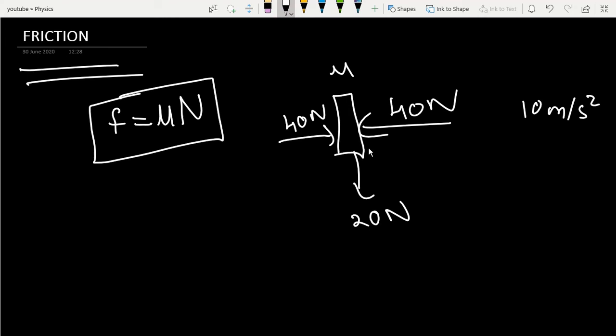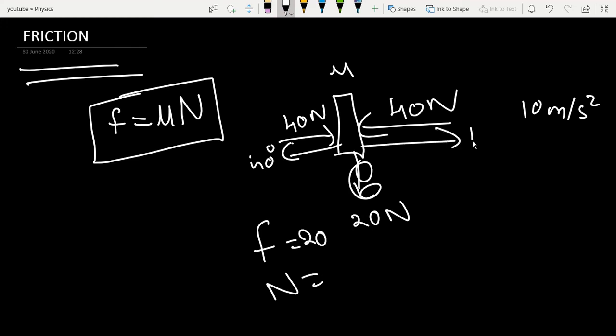So how can we do this? We know the friction is this 20 Newton. The force which is pulling the body down is 20, and the normal is the excess force applied, 40 over here and 40 over here. So 40 plus 40 is 80 Newton.